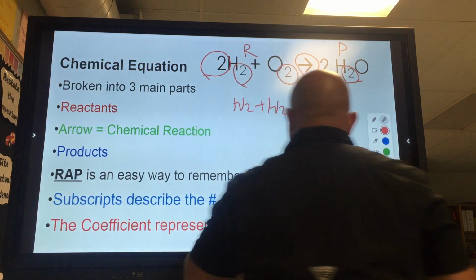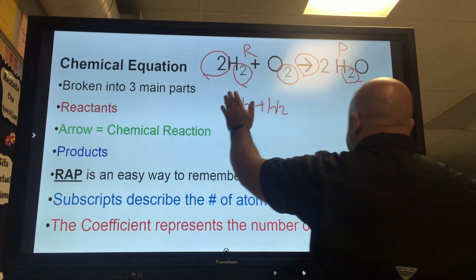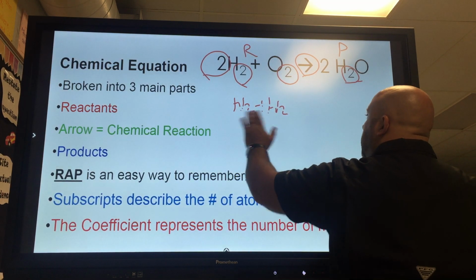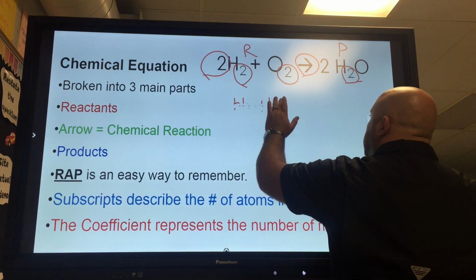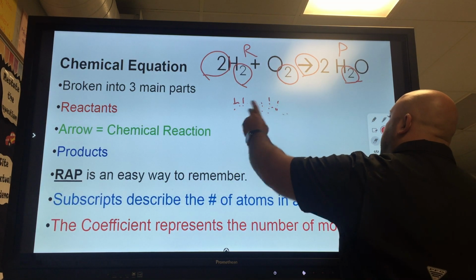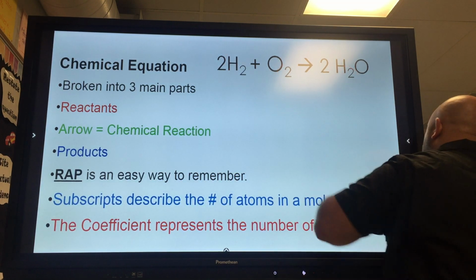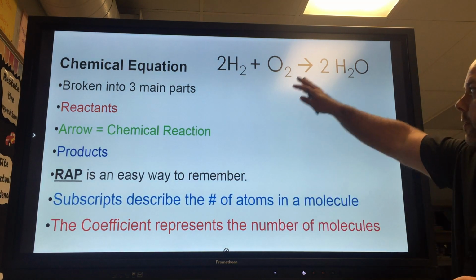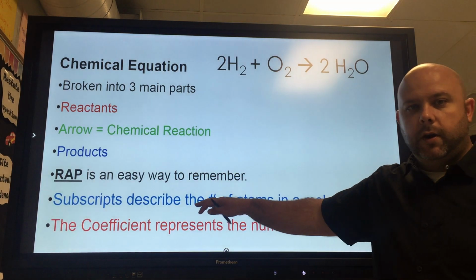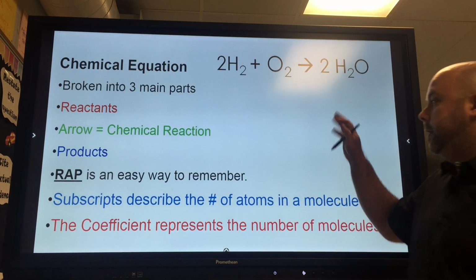I think it does. Or it has 2 H2. It's just telling me that I have 2 molecules of that. Okay, it works good enough. All right, so does that make sense? Coefficient, that's the number of molecules. Subscripts, that's the number of atoms. Easy enough.